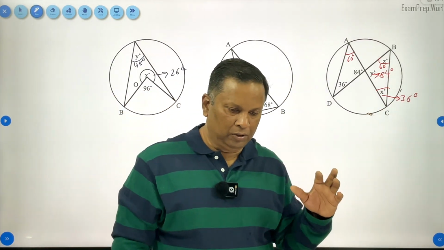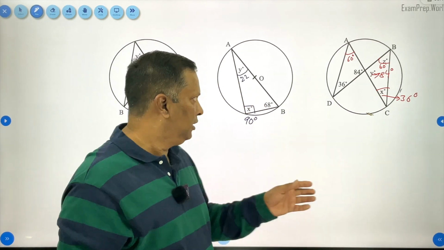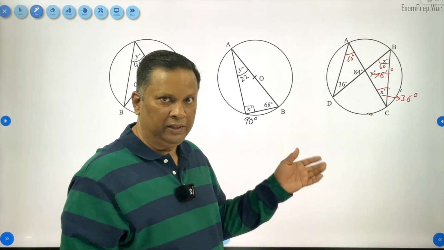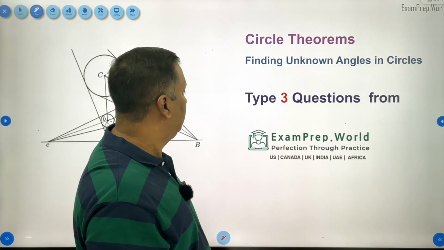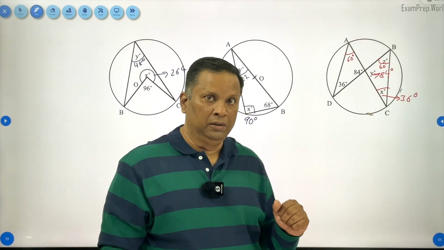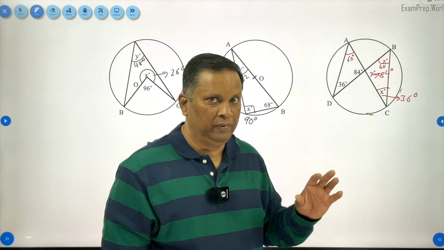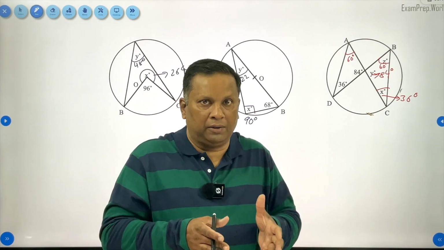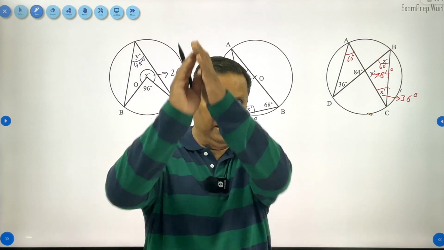So my request is, open this exercise on our website examprep.world, go to circle theorems, go to this type of questions, type 3 questions, and draw each diagram. When you draw a diagram, your mind will register which is an arc, which is a chord, how the chords are making angles on the circle.